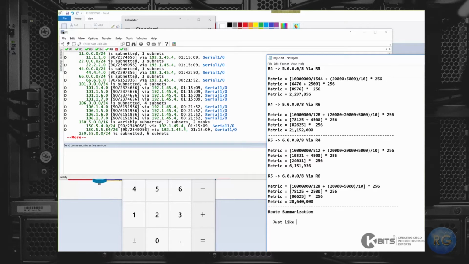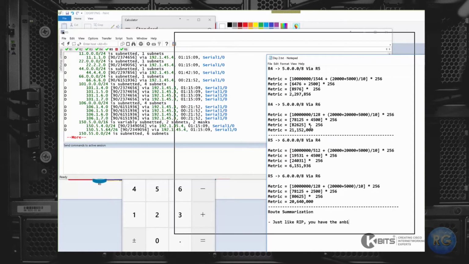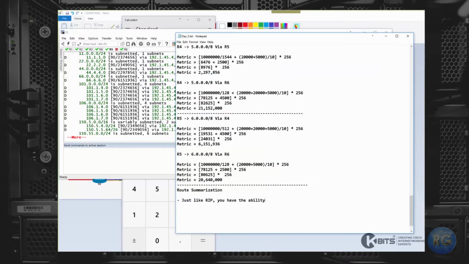Just like RIP, you have the ability to summarize multiple common routes under a common summary network. Same, just like RIP.